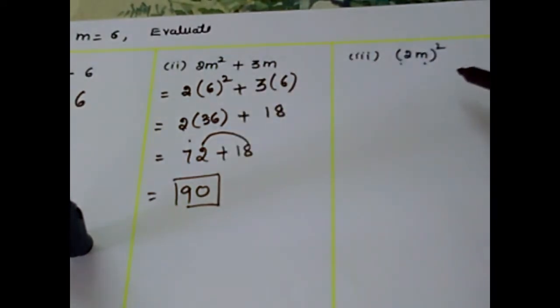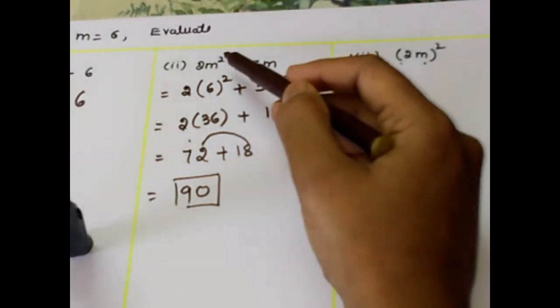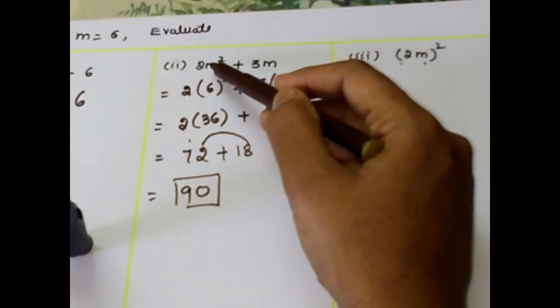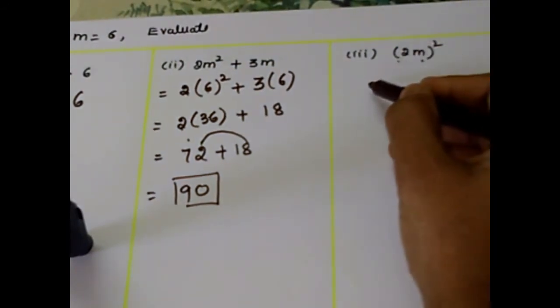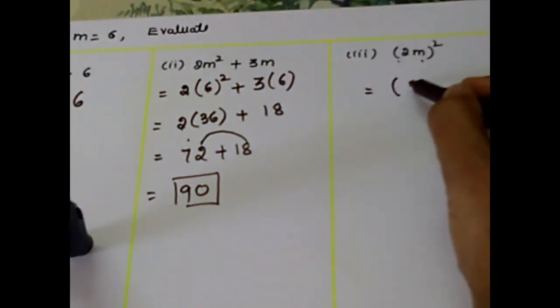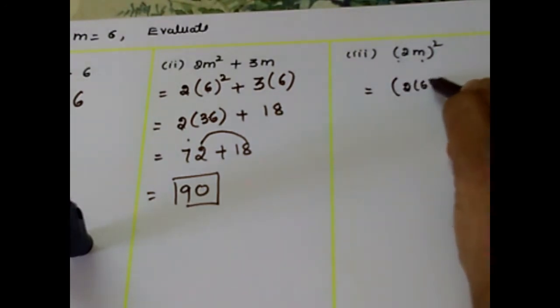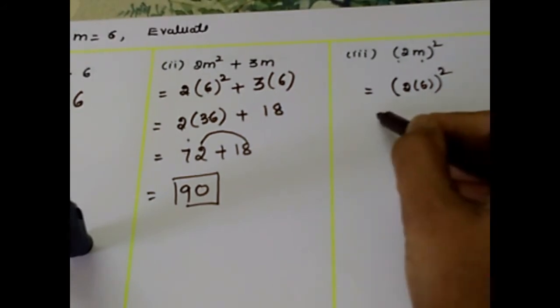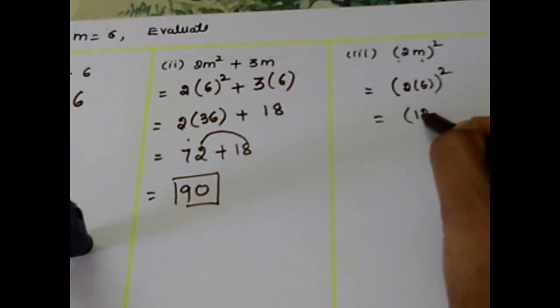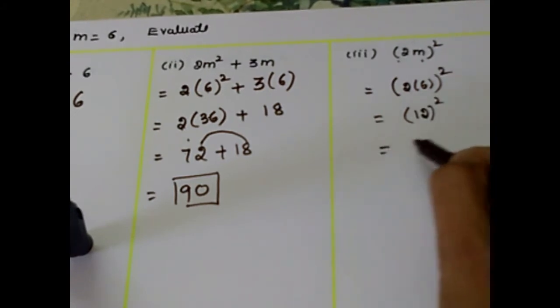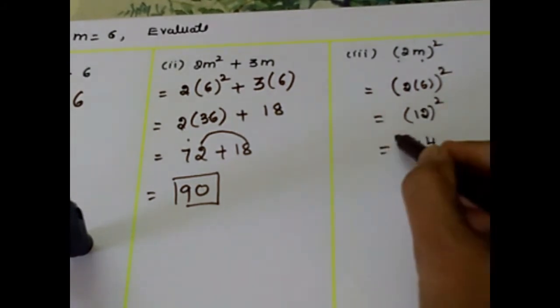But here you have 2m whole square. What is the difference? Here square is applied for m. Here square is applied for 2m. So what to do? First let me write 2m as 2 into m, then keep whole square as it is. Now multiply first. 2 6s are 12, 12 square, it is 144.